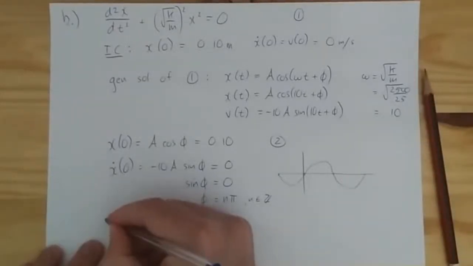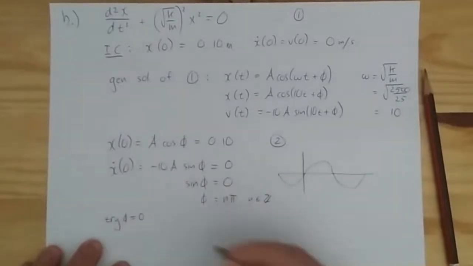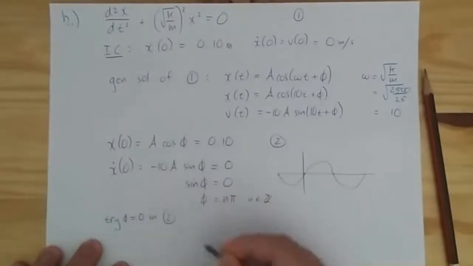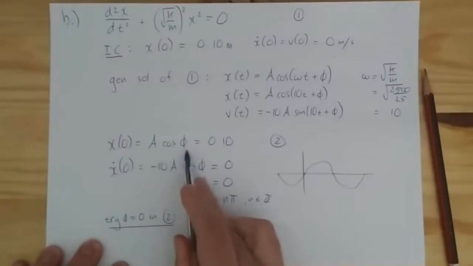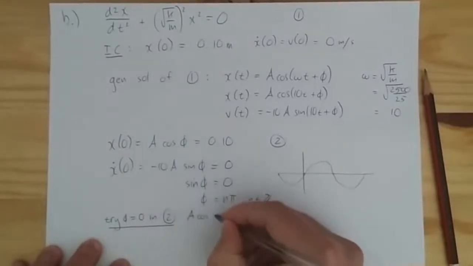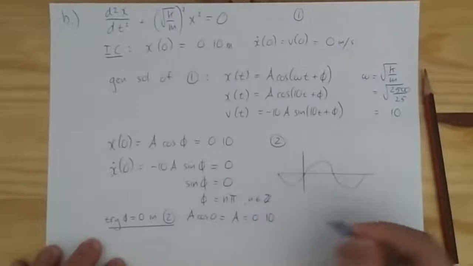So let's try phi equal to 0 in the other equation that we have, and let's see what that gives us. So then, what is cos of 0? That would be A cos 0, which is equal to just 1, so A equal to 0.10.